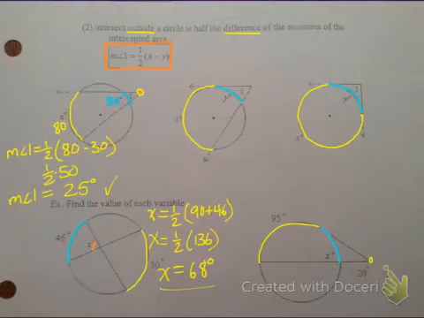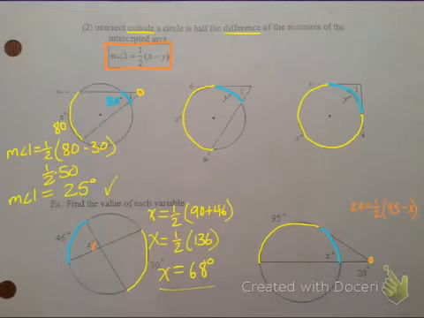So this one's going to be a little different. We're going to set up our equation the same way, but we're going to be solving for a different variable. So our angle measure, which we know is 20, is equal to 1/2 the difference of our two arcs, since our intersection's outside. So our larger arc, 95, minus x.